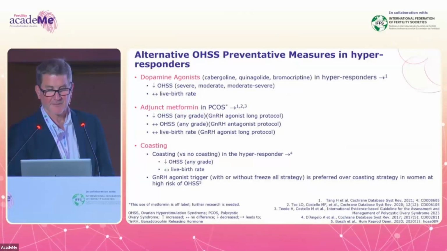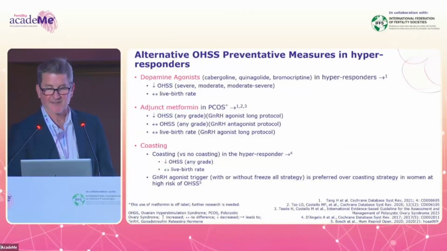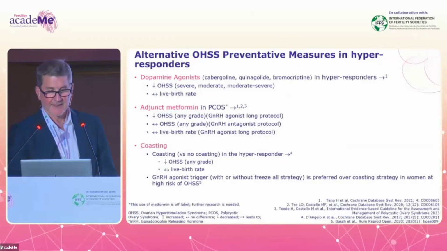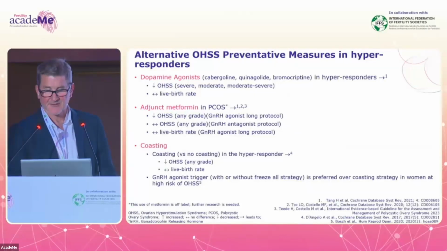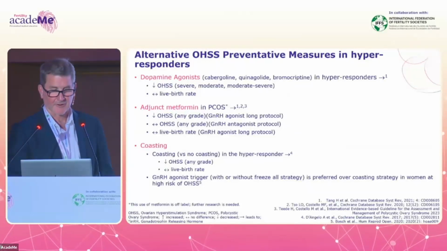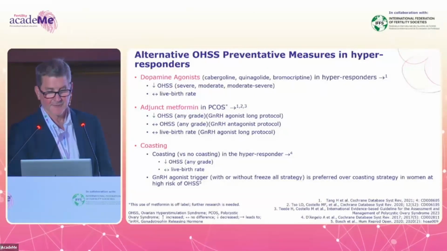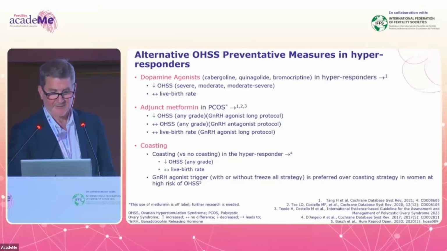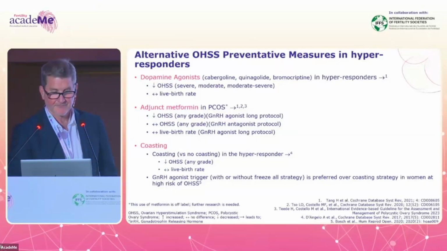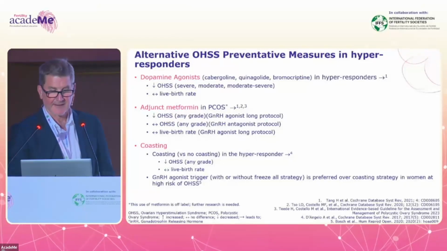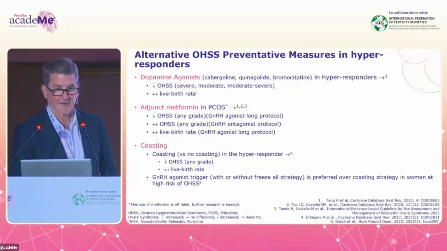Adjunct metformin in PCOS reduces OHSS in the long protocol, doesn't seem to reduce OHSS in the antagonist protocol, and there's no evidence of a difference in live birth rates in that long protocol. Coasting versus no coasting, specifically in the hyper-responder population, reduces OHSS without seeming to compromise live birth rate. And as I just mentioned, the ESHRE guidelines recommend an agonist trigger over coasting therapy.